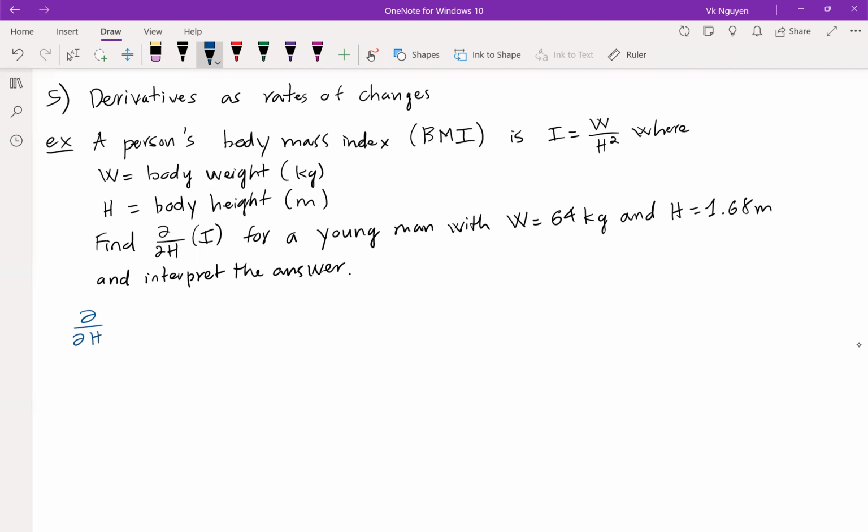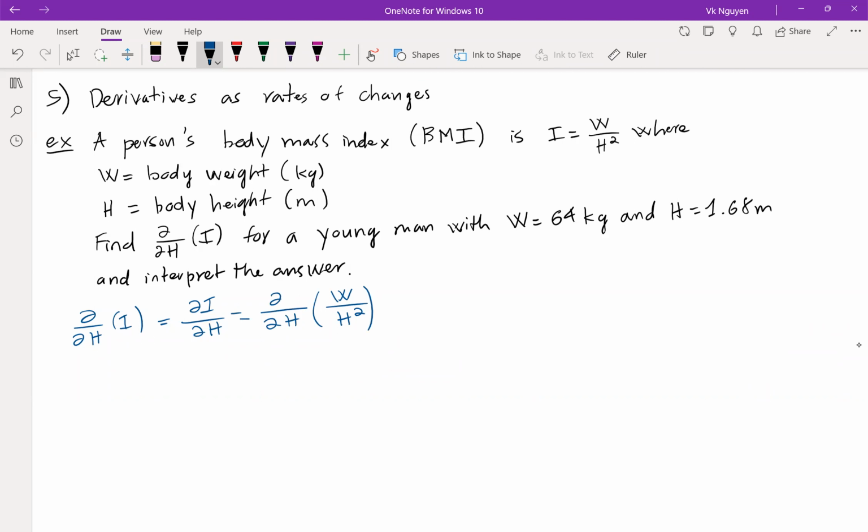Partial derivative with respect to the height of the body mass index, and that would be, well, if you want to have another notation, it looks like this. Take the partial derivative with respect to height of W over H squared. So remember, you take the partial derivative with respect to H, right?